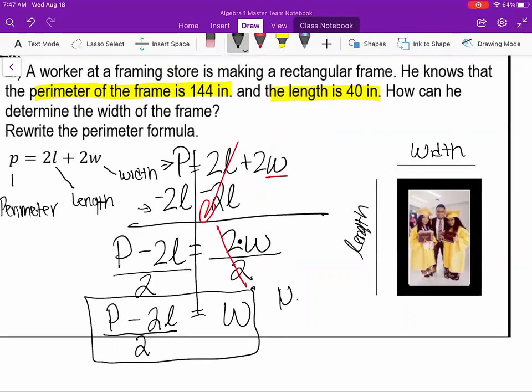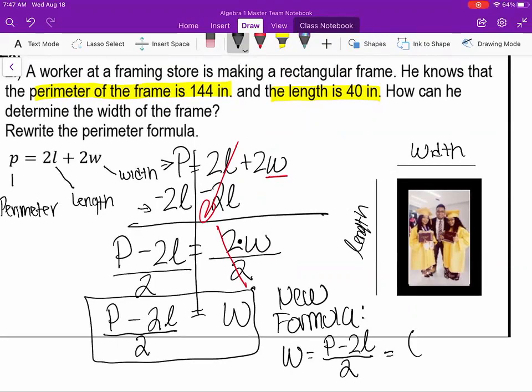With the new formula, W equals P minus 2L divided by 2. So all I got to do is plug in P and plug in L. Well, let's just plug in the values.